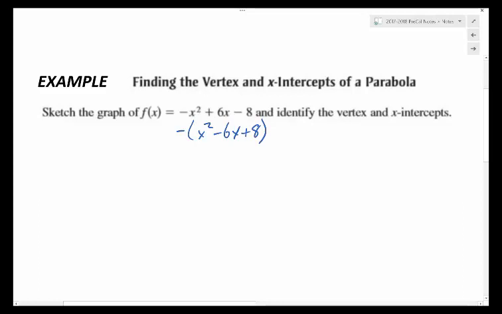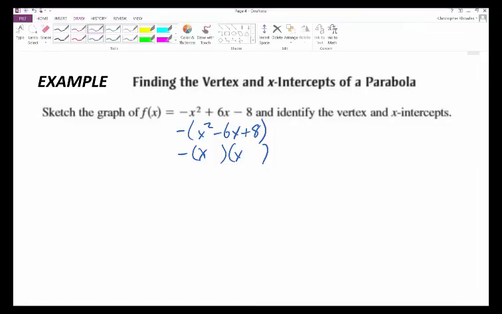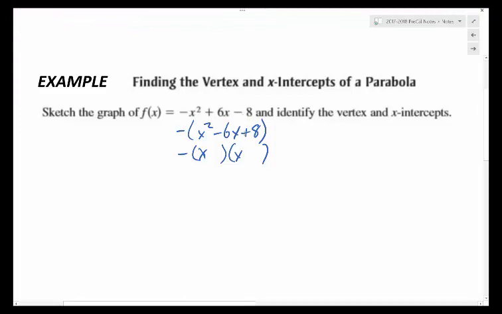So now I ask myself, can I unfoil this, such as I have two numbers that multiply to be 8 and add to be 6. They're going to be the same. This number tells us right here that they will be the same. And this tells us that they'll both be negative.